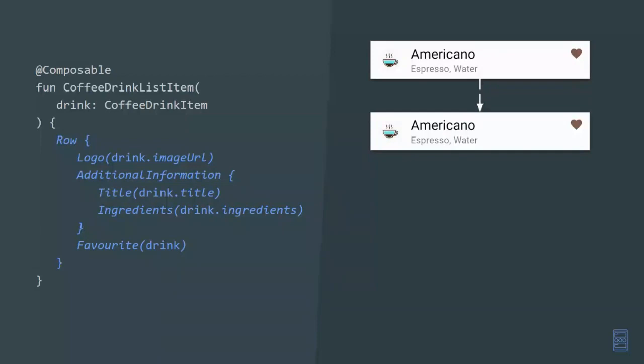And of course, speaking about additional information, it will place all children in a column. Based on this pretty short implementation, I think it's pretty readable. And if you know that something is wrong with your logo, you should go to the logo composable function and just fix it in one place, and not think about reading and maintaining the whole pretty big composable function.